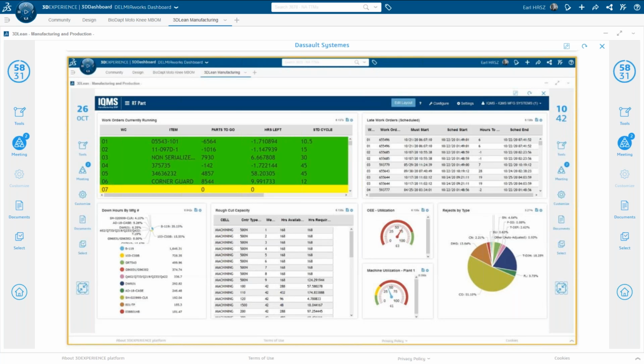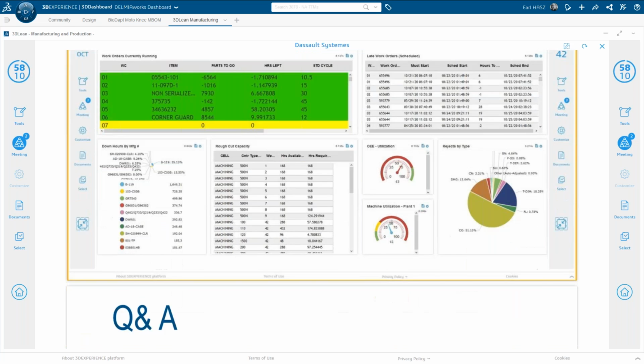The 3D Experience platform allows you to create custom dashboards to display performance information in real time, and it's accessible from anywhere on any device. The 3D Experience platform is full of incredible technology like 3D Lean, and these apps are for all departments within the organization, extending way beyond engineering and manufacturing.